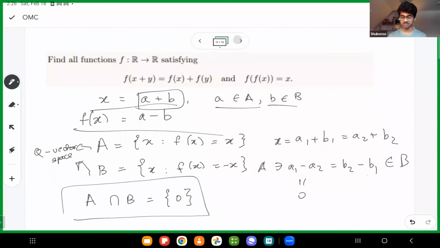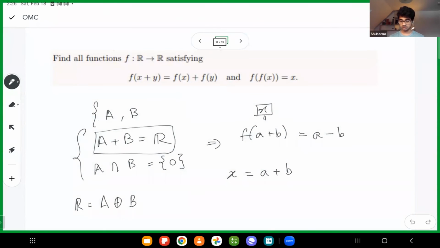So there are these properties of vector spaces in general. Just write it out.